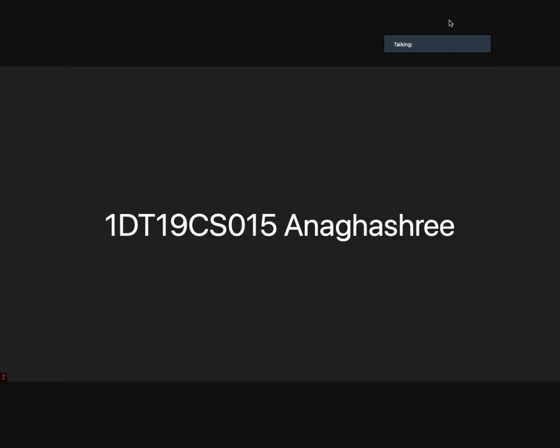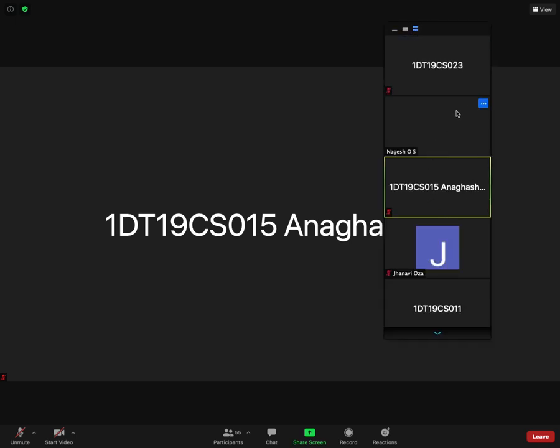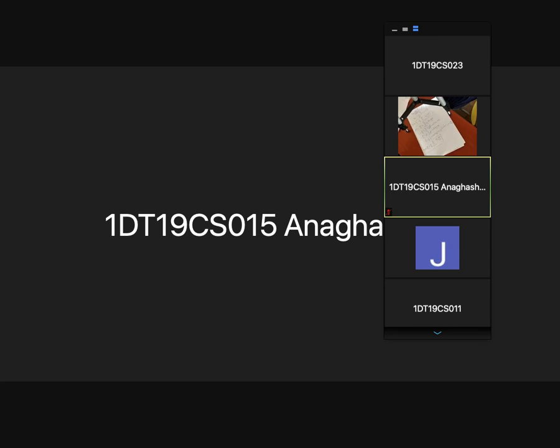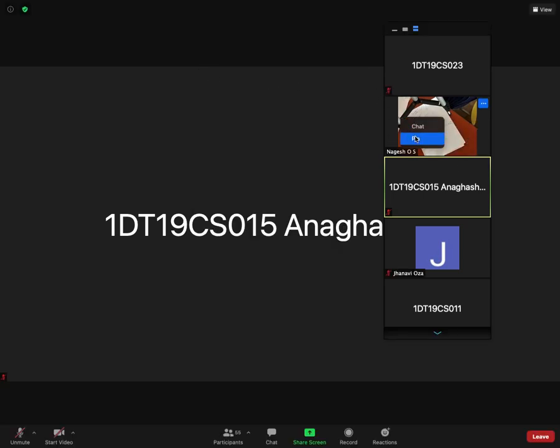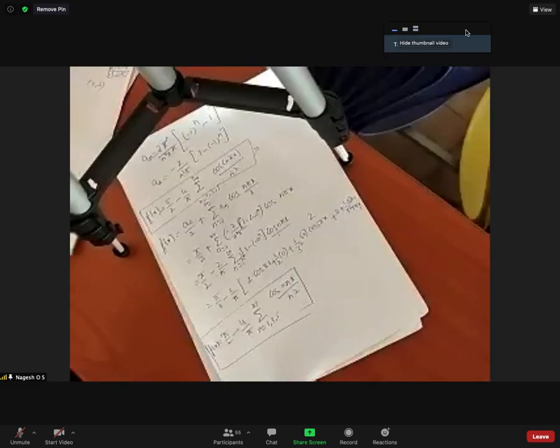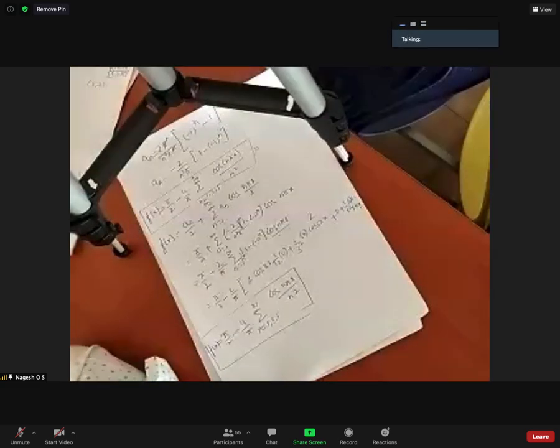Okay. Is it visible screen? Screen is visible.